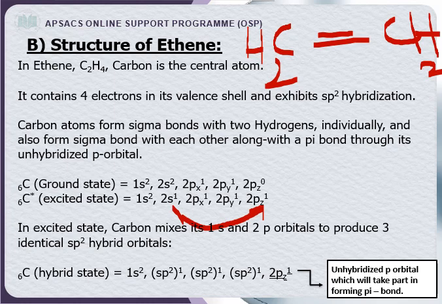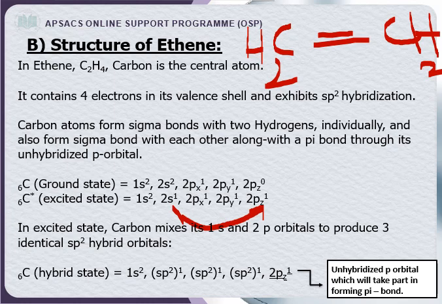Now here the carbon undergoes sp2 hybridization. I hope you are familiar now. sp2 hybridization means one s and two p orbitals are mixed together to produce three identical in shape sp2 hybrid orbitals.